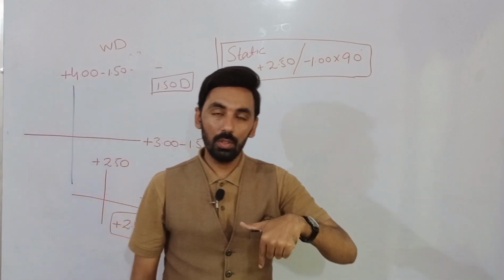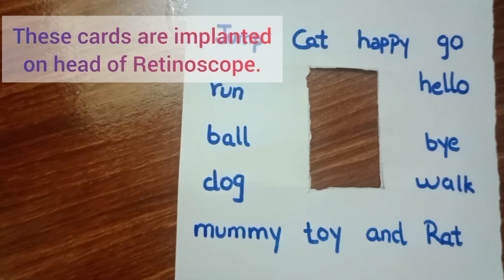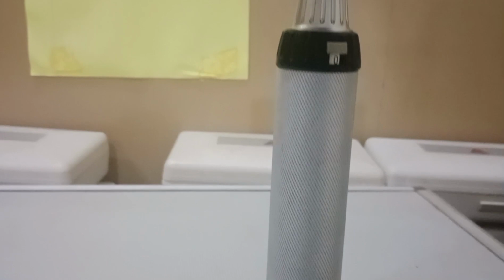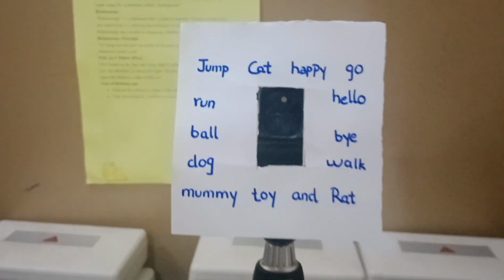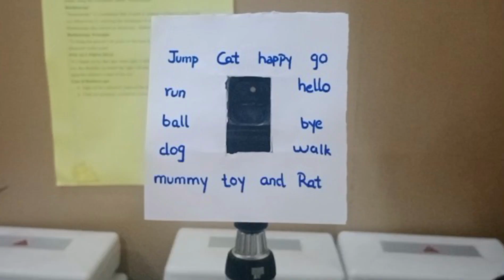So now, after this, the next step is dynamic retinoscopy, which uses the card on the head of the retinoscope, where some writing material is printed, as you can see on the screen.